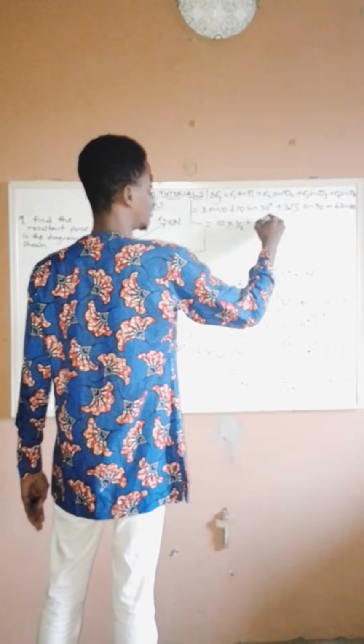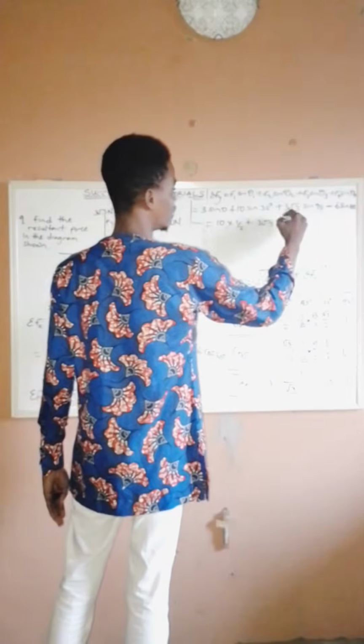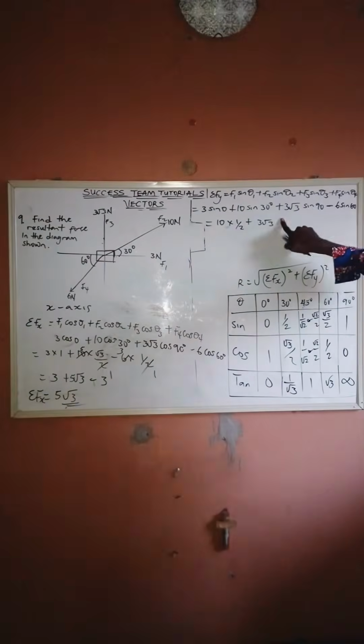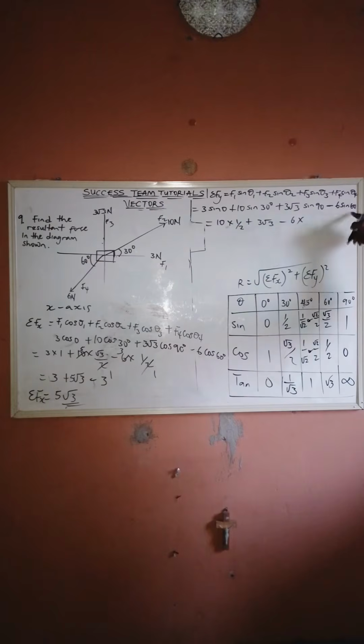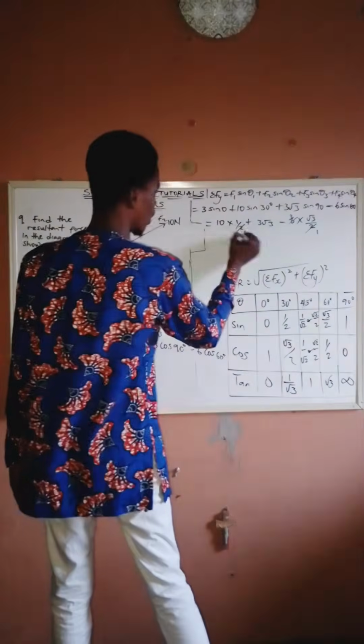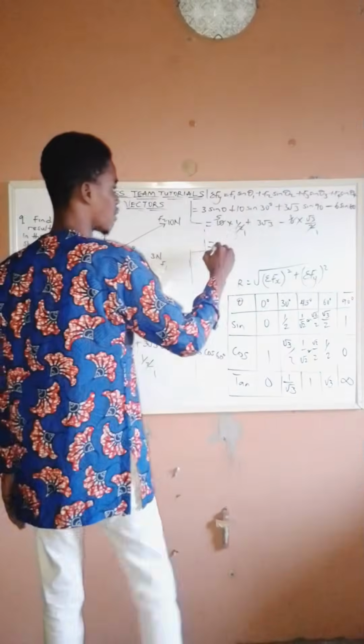That will be 3 root 3. Is it plus or minus? It's minus now. Minus 6 times what? Sine 60 is root 3 over 2. So 2 here 1, 2 here what? 3. So I'm going to have what? 5.